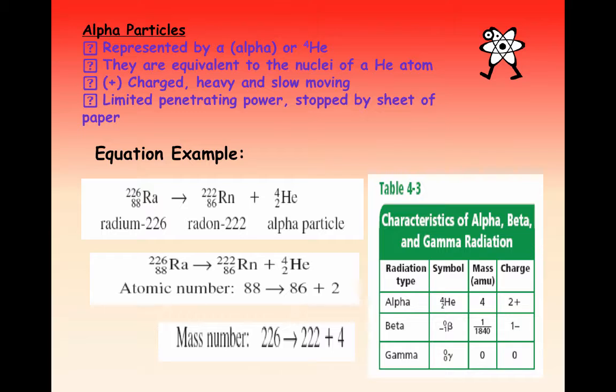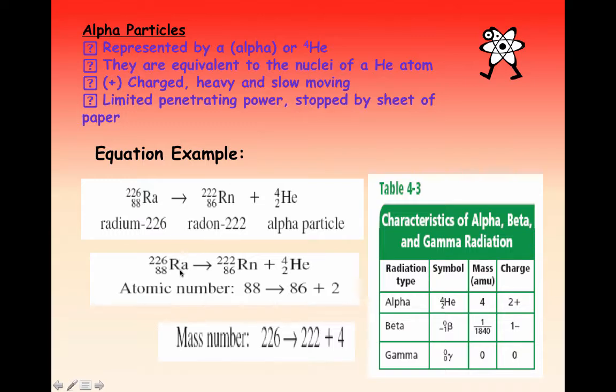These are very heavy and very slow moving, so they are not very dangerous. Your skin can protect you from this type of particle. Now you can look at some of the reactions. You'll notice that the atomic number always decreases by 2. Just remember that's because it's losing basically a helium atom.